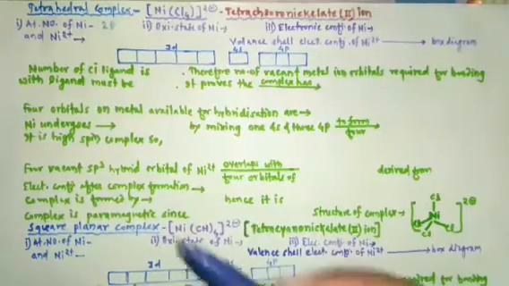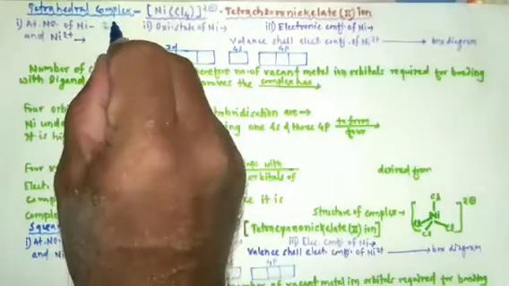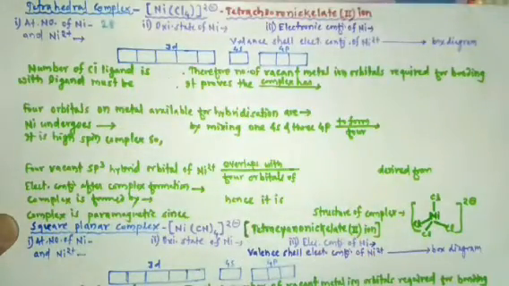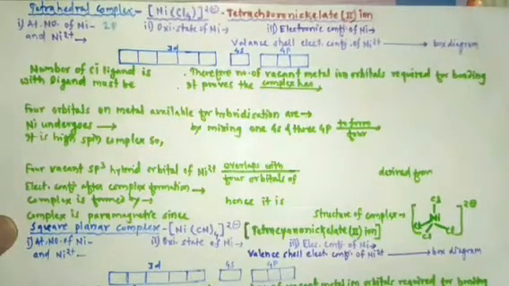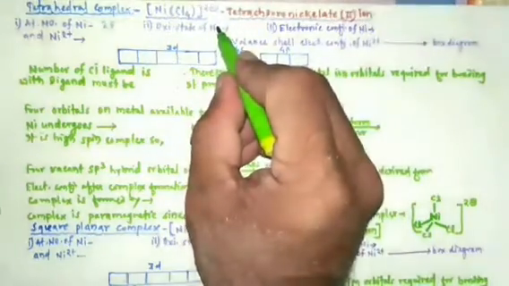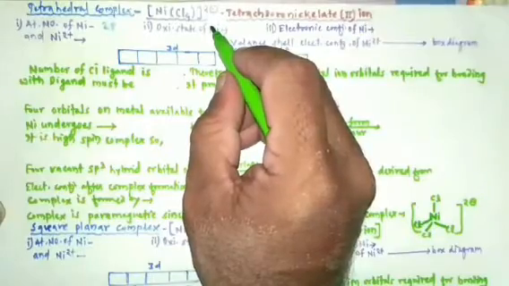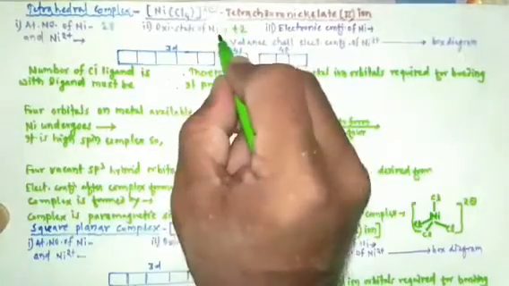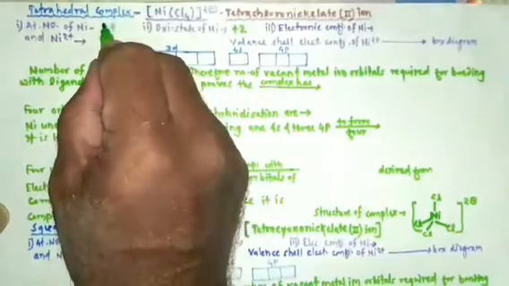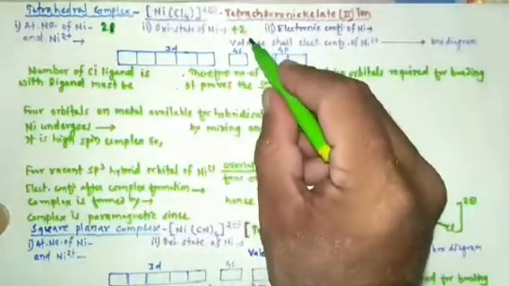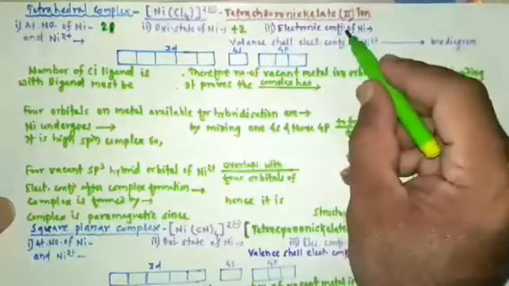Then by using the oxidation rule, we can assign the oxidation state of Ni, and the oxidation number of Ni is found to be +2. So the atomic number of nickel is 28 and the oxidation state of nickel is +2.